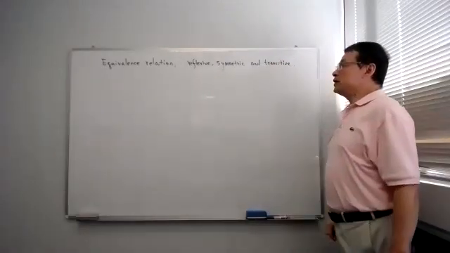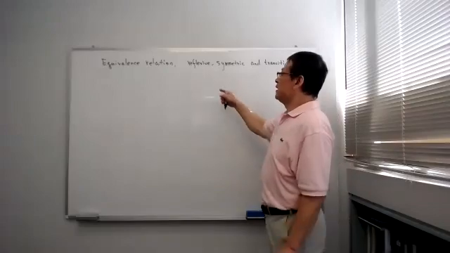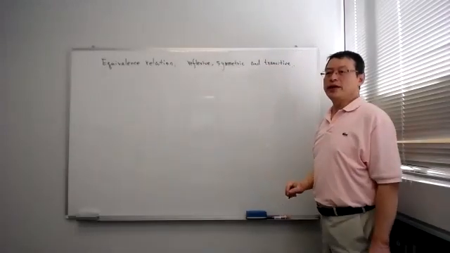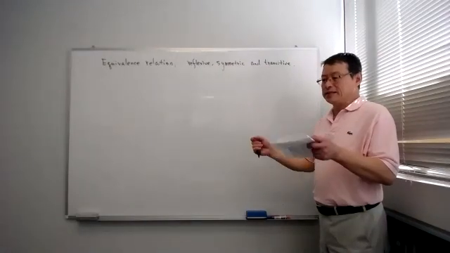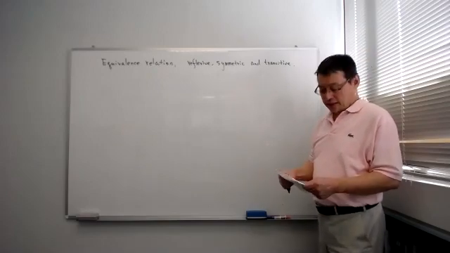A relation is an equivalence relation if it satisfies the following three properties. It's reflexive, symmetric, and transitive. Such a relation is called an equivalence relation. The reason is these elements, in a sense, are equivalent. That's why it's called equivalence relation.